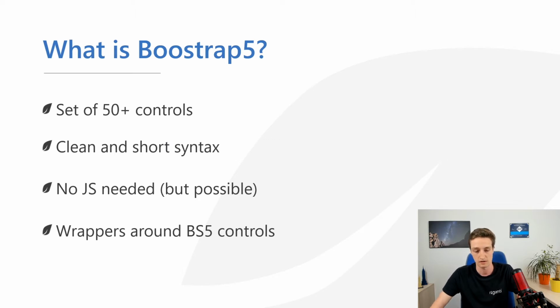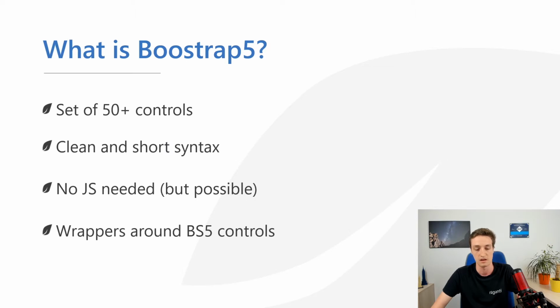And this is basically the next upgrade of this package. It's a package, a set of more than 50 controls, that gives you, as a developer, a clean and short syntax and basically wraps around the native Bootstrap 5 controls, and gives you the same developer experience as with native .vvm controls.